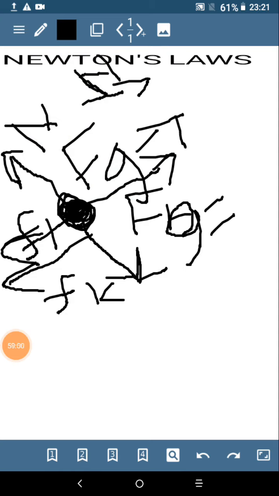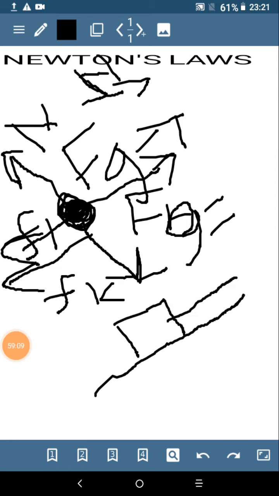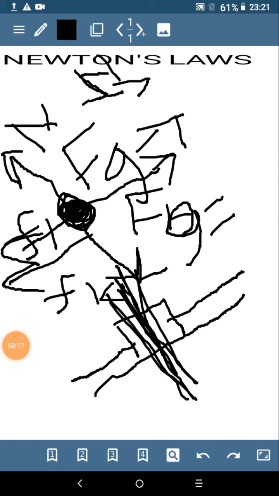You will notice that when an object is placed on an inclined plane, it will move either in this direction or in this direction. It will never move in any of these other directions, guys.